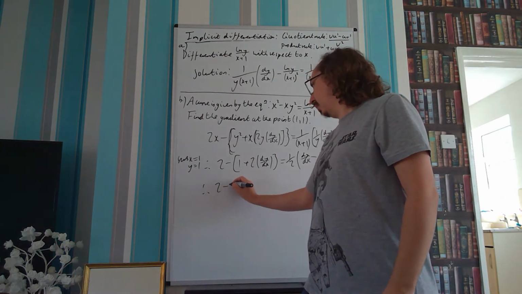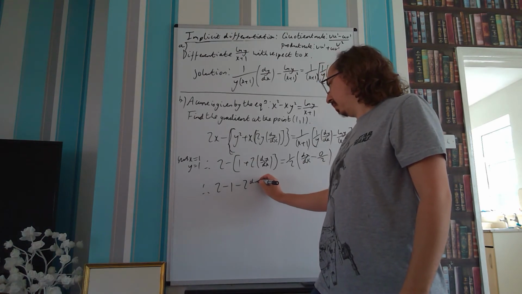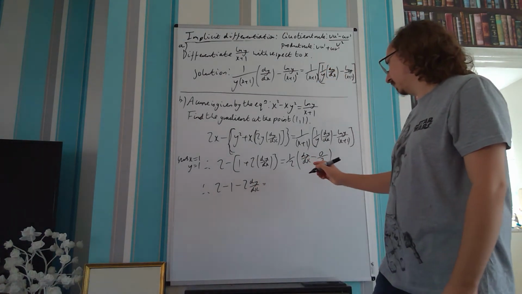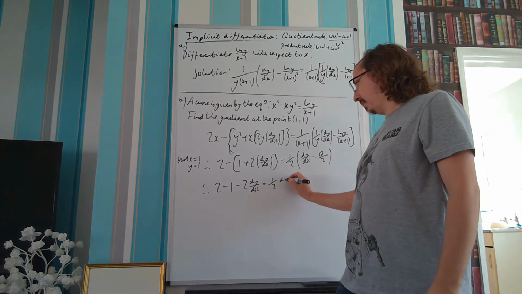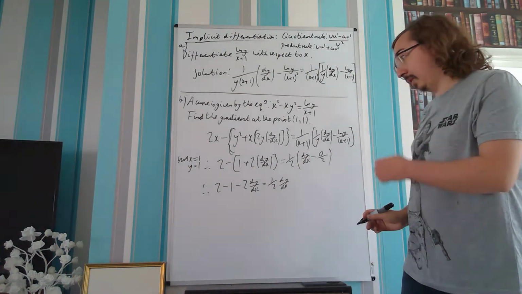So we have 2 minus 1 minus 2 dy by dx is equal to a half dy by dx.